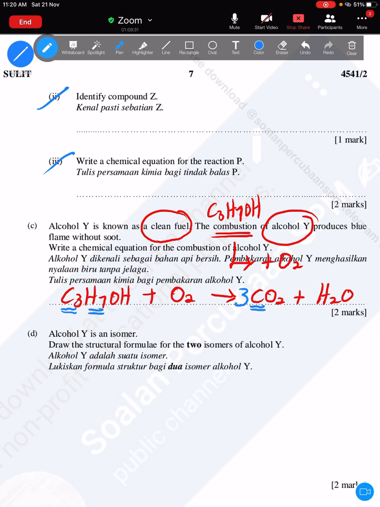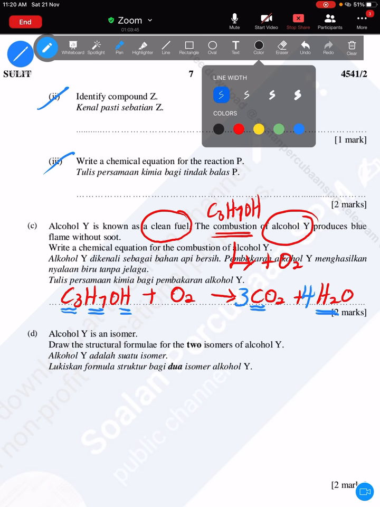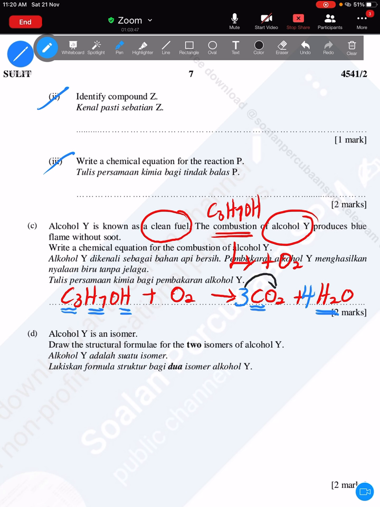Over here, I have 8 hydrogen, and 2 hydrogen on the right hand side, so you place a 4 over here. The rest is simple mathematics. 3 times 2 gives you 6 oxygen. 4 times 1 gives you 4. So 6 plus 4 is 10 oxygen over here.